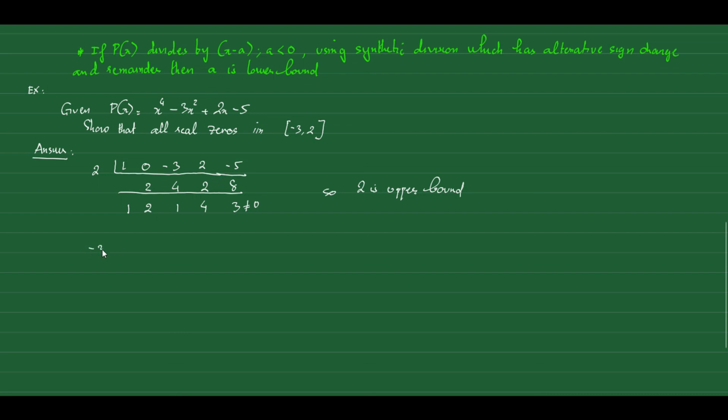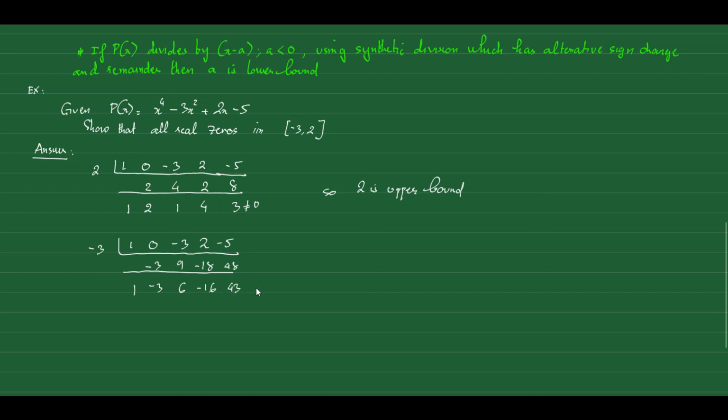If we do the same thing with negative 3: 1, 0, negative 3, 2, negative 5. We drop 1 down, then 1 times negative 3 is negative 3, then 9, then 6. You see they change the sign: negative 18, negative 16, 48, and over here is 43.